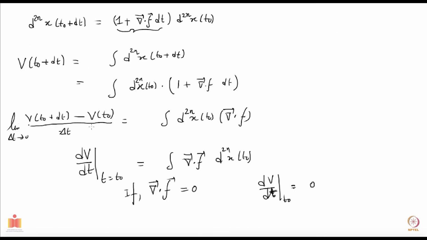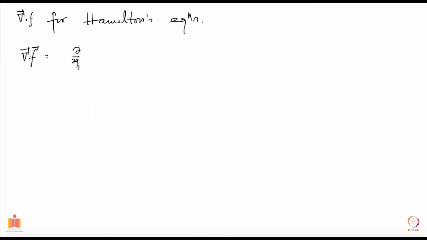Okay, let's write it here. Similarly, you keep on going up to q_n, and you have ∂H/∂p_n.